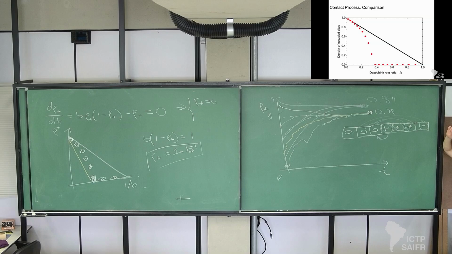I have my 4 towns in Bahia. Well, this is not Bahia. This is my region in Spain that has very, very few small towns. This is how my one-dimensional lattice looks like, right?